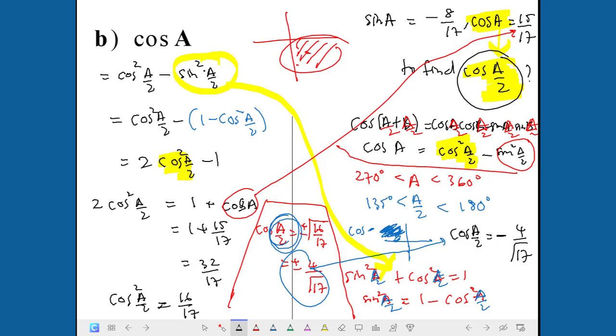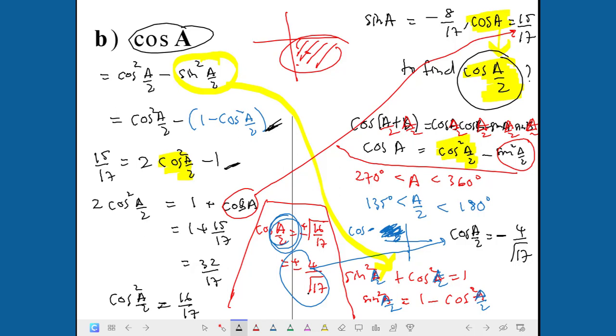You want to get rid of this part using the identity, until everything is in cos A over 2 squared. Take this one as the subject, replace cos A with 15 over 17, then simplify. Finally, cos A over 2 is equal to plus or minus 4 over 17.